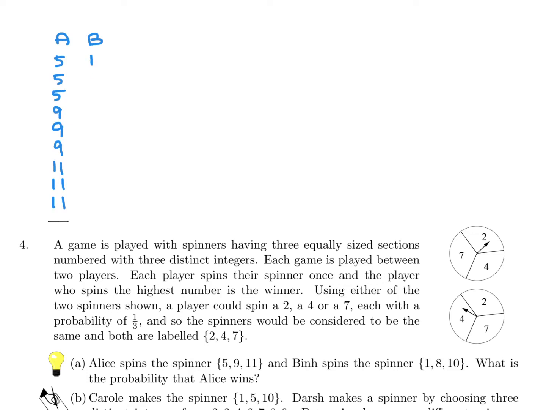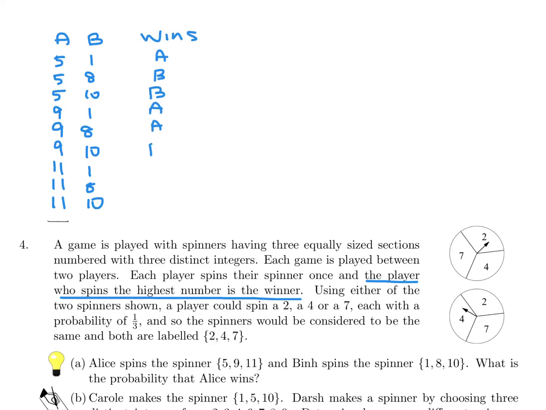So this could be 1, 8, 10, for each of Alice's numbers. I'm assuming that it's very simple: whoever has the larger number wins. The player who spins the highest number wins. So who wins? Let's see here. This is A. This is B. A, B, A.